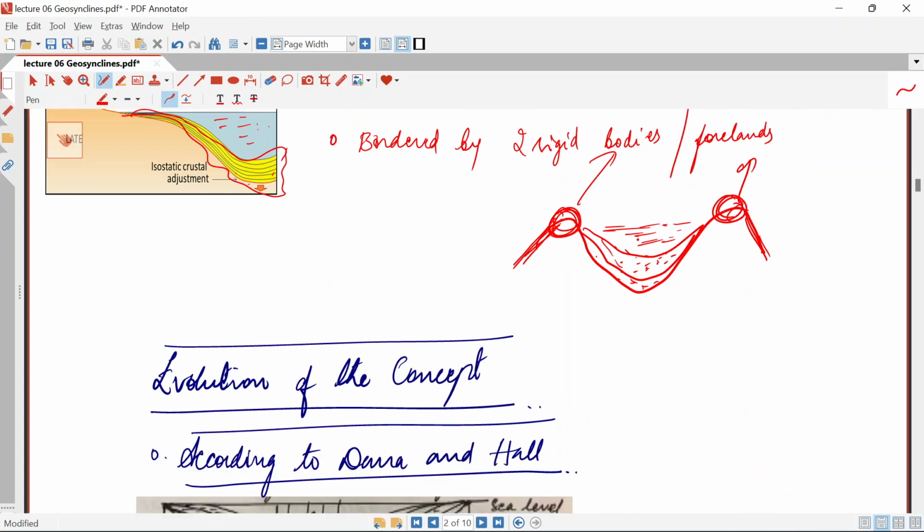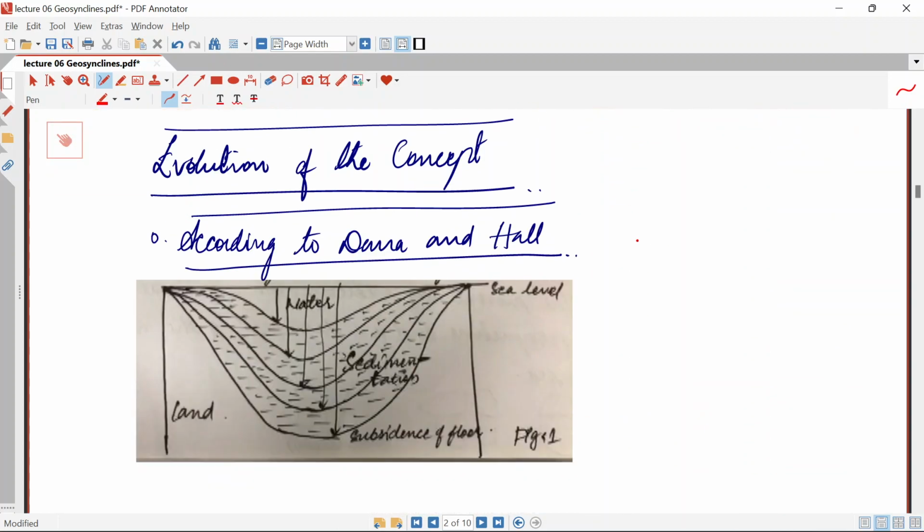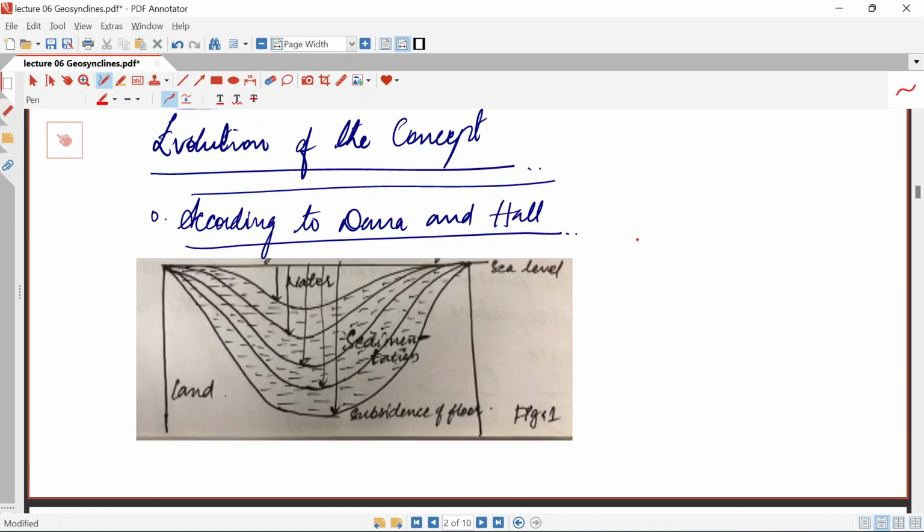Then next we will see the evolution of the concept. The geosyncline theory was first given by Dana and Hall. They first said that geosynclines are of marine origin.